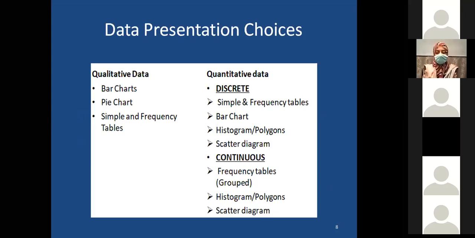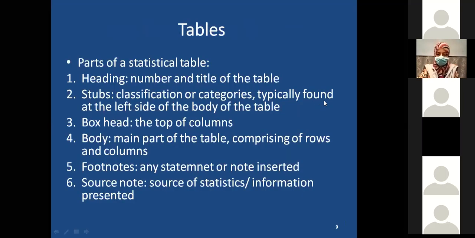Discrete means, for example, the number of patients or number of children, in which you do not have fractions. In that case, you have simple and frequency distribution tables, bar charts, histograms or frequency polygons, and scatter diagrams. For continuous data, you have frequency tables, histograms, frequency polygons, and scatter diagrams.